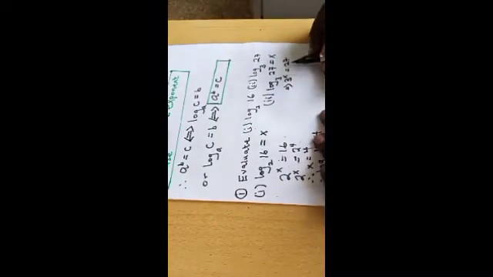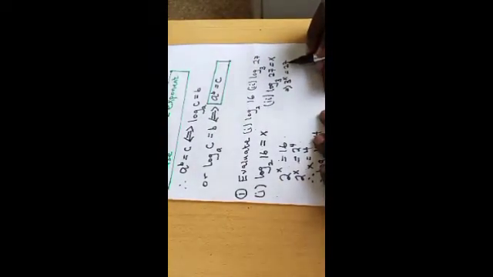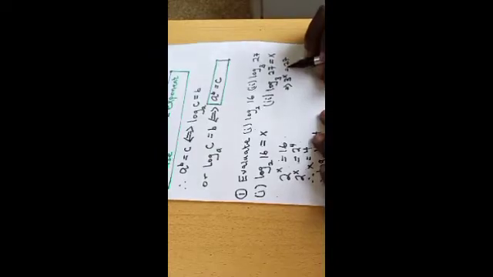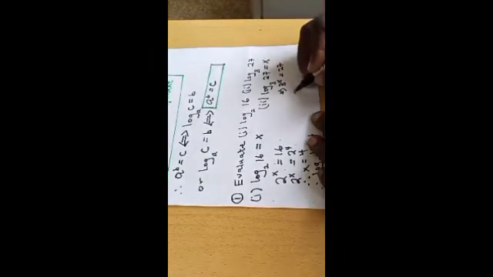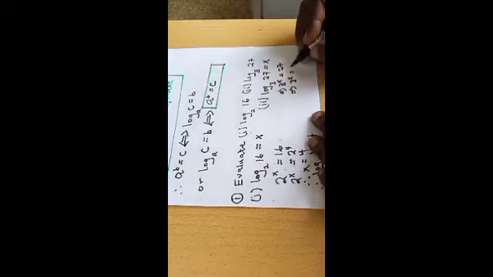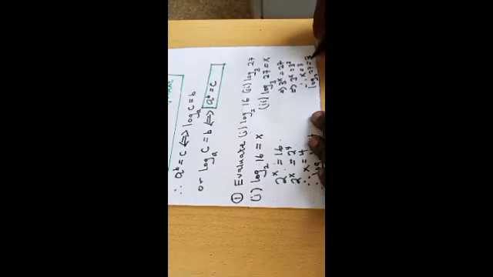We therefore need to break our 27 using base 3. And so this is going to give us 3 to the power x is equal to 3 to the power 3. Therefore, our x is equal to 3. So it means log base 3 of 27 is equal to 3.